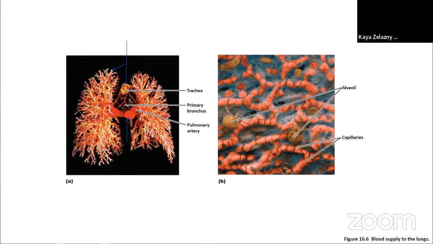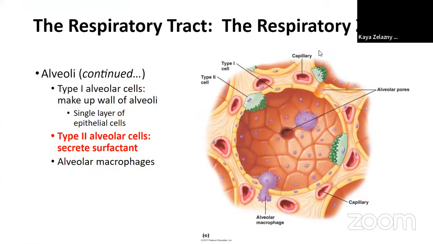And here we see some actual cells. Here we see an alveolus, that's this brown part. And then we see capillaries running all around the alveoli. So we're in really close contact with the blood, with the cardiovascular system.